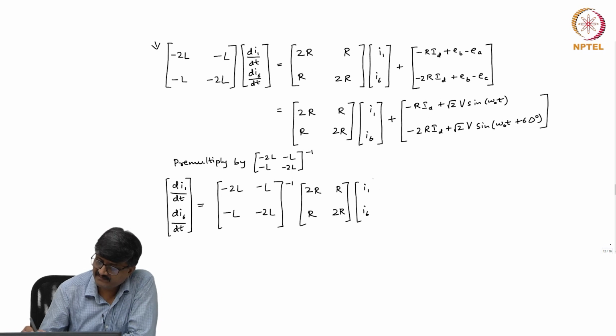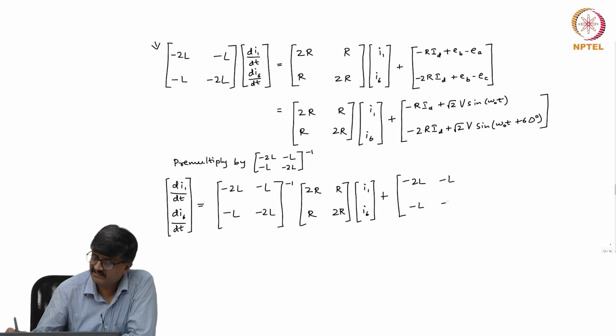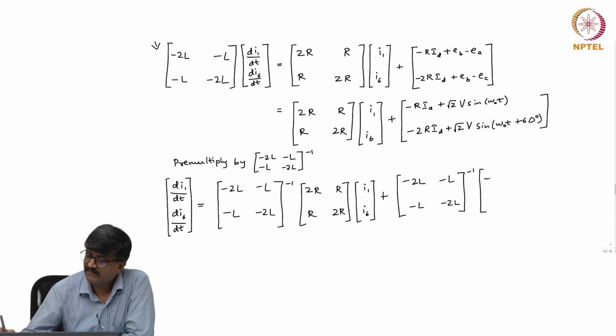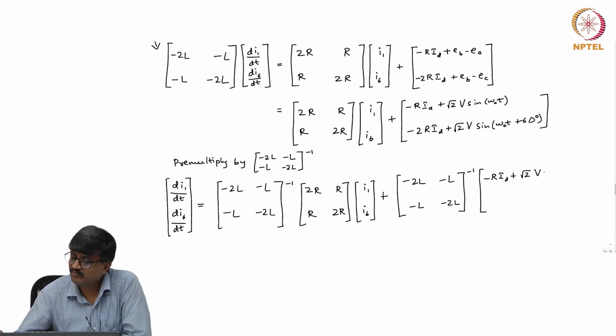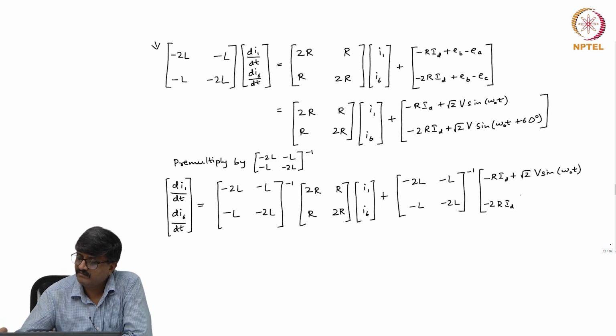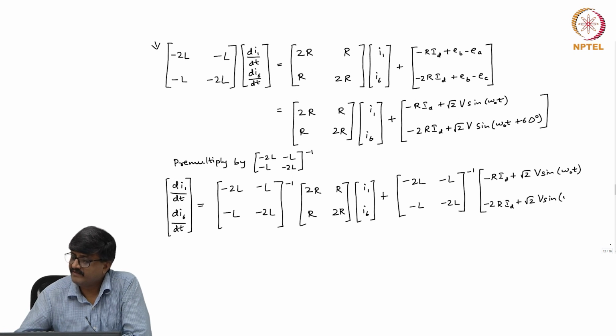The second term is the same inverse times the vector: minus R ID plus root 2 V sin omega O t, and minus 2R ID plus root 2 V sin(omega O t plus 60 degrees).